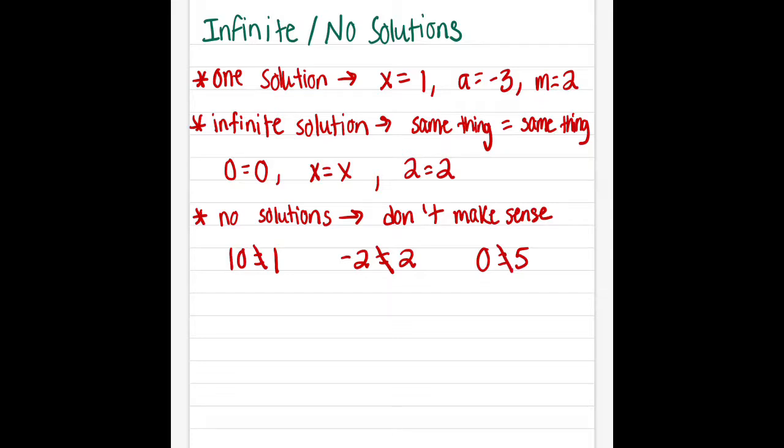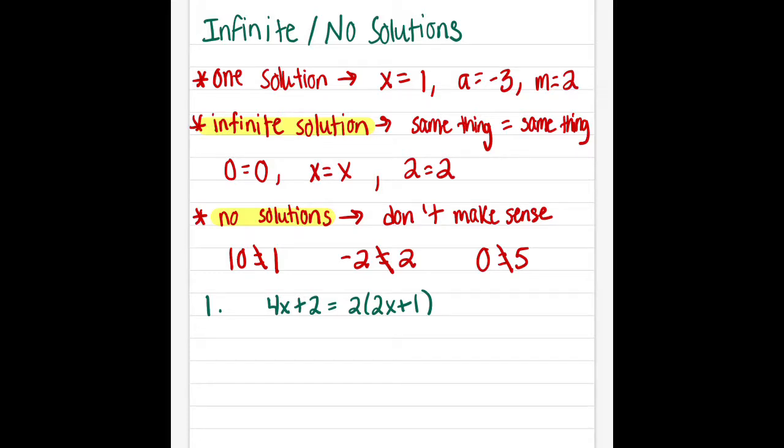That is not true. So now we're just going to go through 4 different examples of solving equations and then ending up with an answer type like infinite or no solutions. Our first example is written down here, 4x plus 2 equals 2x plus 1.